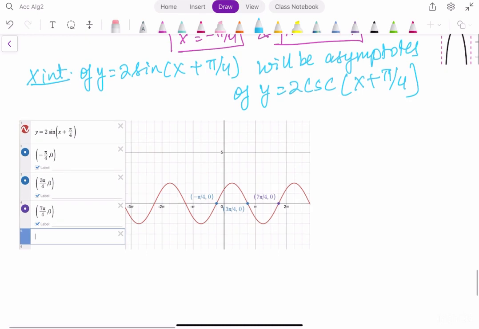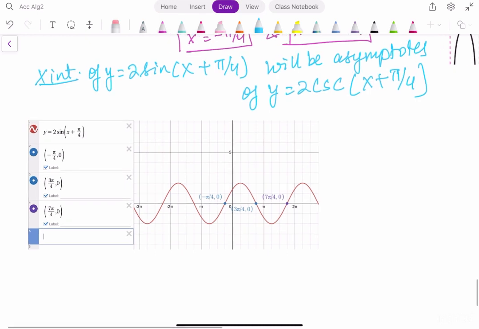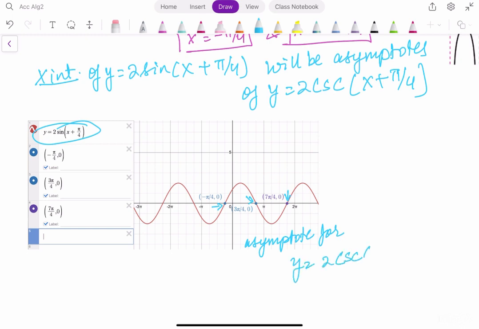So this is how the sine function will look like. I graphed it on Desmos, and you can see all the points, the x-intercepts between the interval we are talking about. So negative pi fourths, we have 3 pi fourths there, and then 7 pi fourths. So these intercepts will work as the asymptotes of the cosecant function, and the cosecant function will bounce up or down on the max and min of the sine graph.